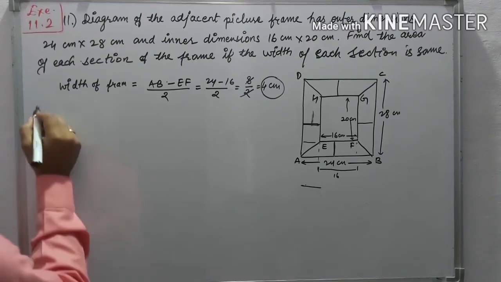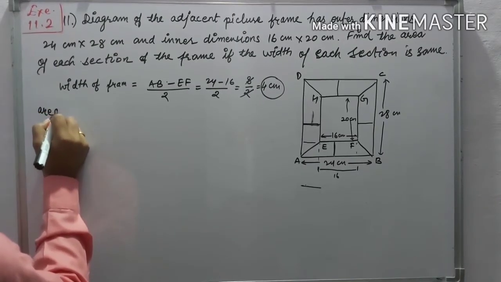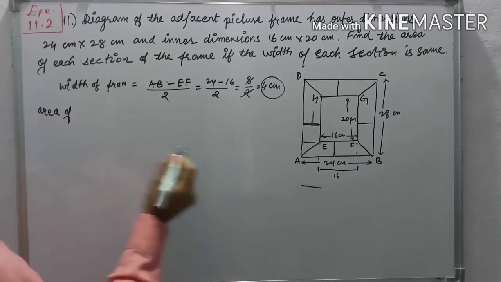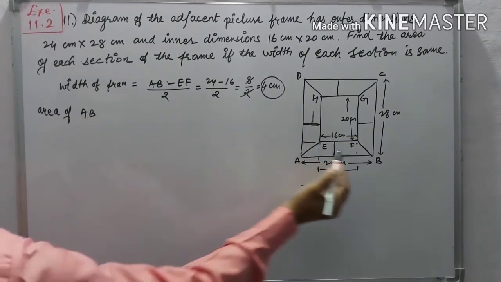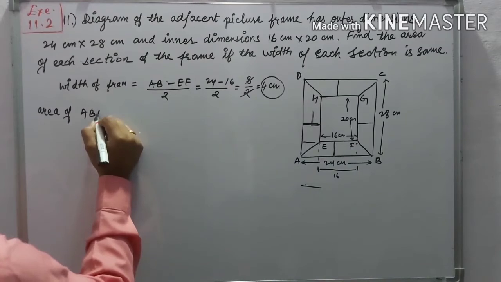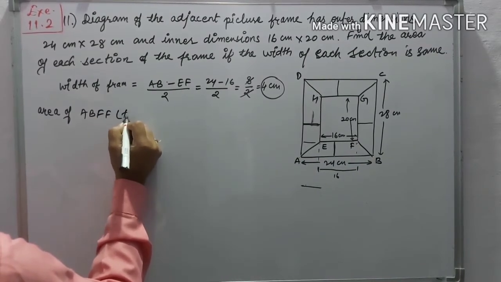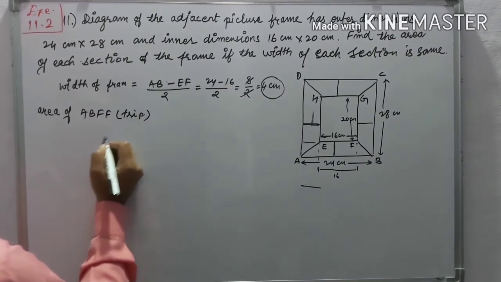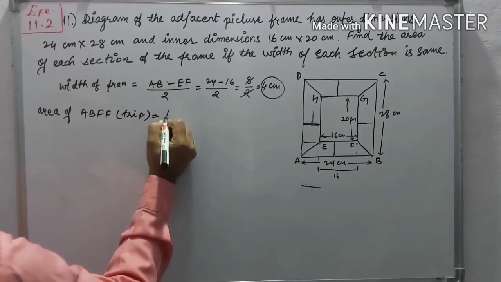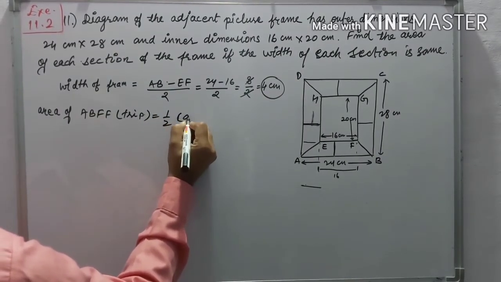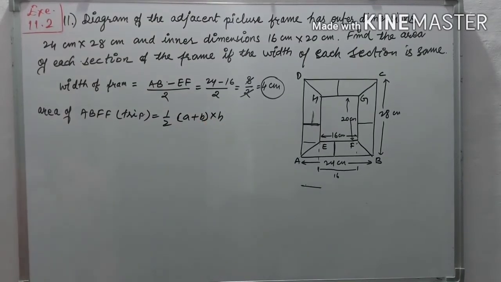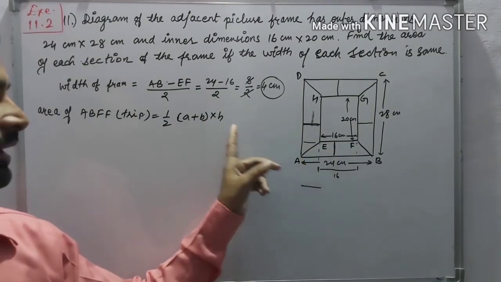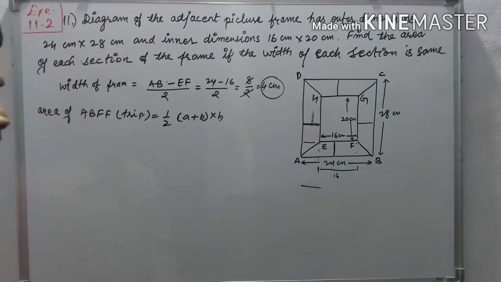Now find the area of the down section. ABFE is a trapezium. Then you write 1/2 (A + B) × H, where A and B are the parallel sides and H is 4.